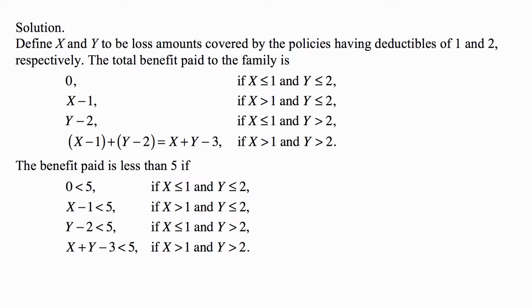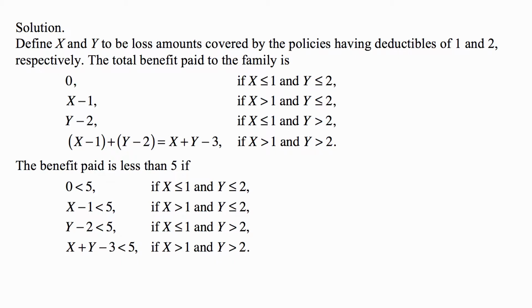Then the benefit paid is less than 5 if, in the first case, 0 is less than 5, which of course it is always. So whenever X is less than or equal to 1 and Y is less than or equal to 2, the payment is less than 5 because the payment is 0 then. When X is more than 1 and Y is less than or equal to 2, the benefit paid is less than 5 if and only if X minus 1 is less than 5, so that X is less than 6.